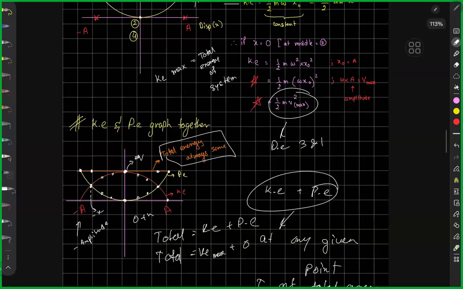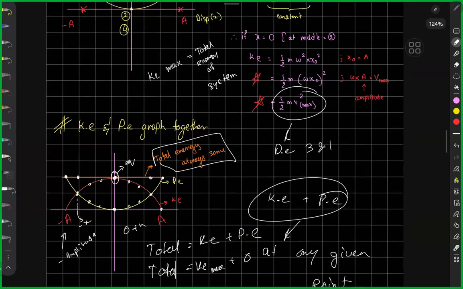Because when do you see the maximum kinetic energy? Over here, at the middle ground, where my potential energy is zero. And what did we say? The sum of kinetic and potential energy always gives me the total energy, which is a constant throughout the journey.